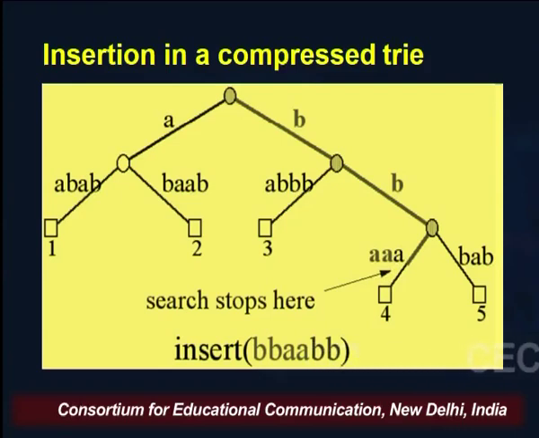So, insertion in a compressed trie: here we will start from the root node, follow the path B, then again we follow the path B, and then we follow the path which is only path A. Now, our search will stop here, but the tricky condition here is we are not looking for this triple A, we are not looking for 3 continuous occurrences of A. We are actually only looking for 2 occurrences of A, and then we will be able to insert the 2 occurrences of B, which will complete our insertion.